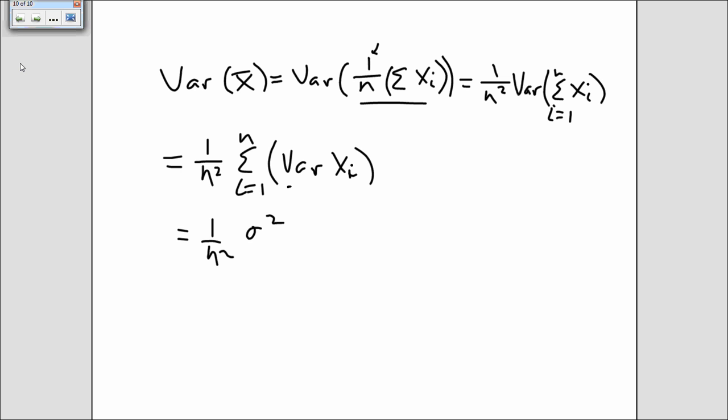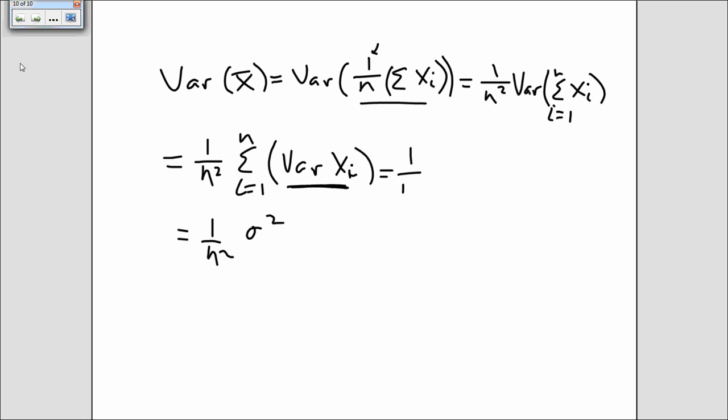Each variance we were told was sigma squared. We were told at the very beginning, I erased it, that x1 through xn are independent and identically distributed random variables having expected value mu and variance sigma squared. Each one of these is sigma squared.